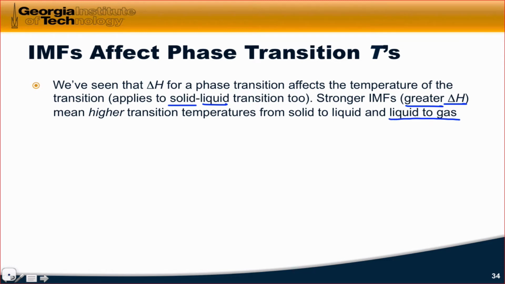So the liquid to gas transition, as we've seen, completely destroys intermolecular forces between particles. But it's important to appreciate as well that the solid to liquid phase transition also disrupts intermolecular forces, because in the solid phase, molecules are arranged very close to one another in a regular lattice and are not moving very quickly or really at all; they may be vibrating in place, but that's about it.